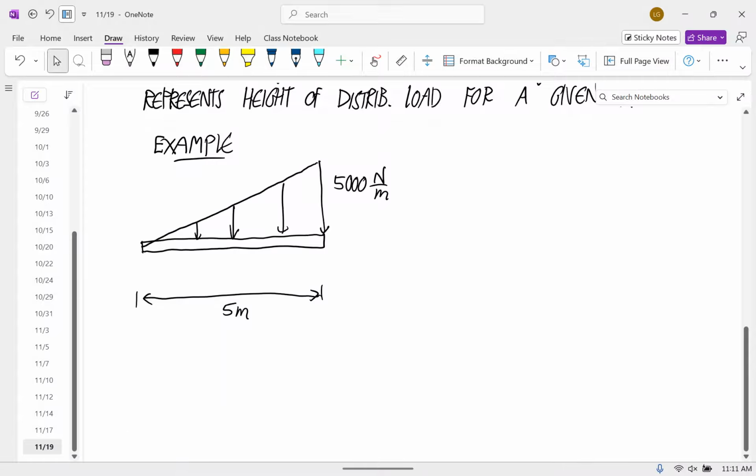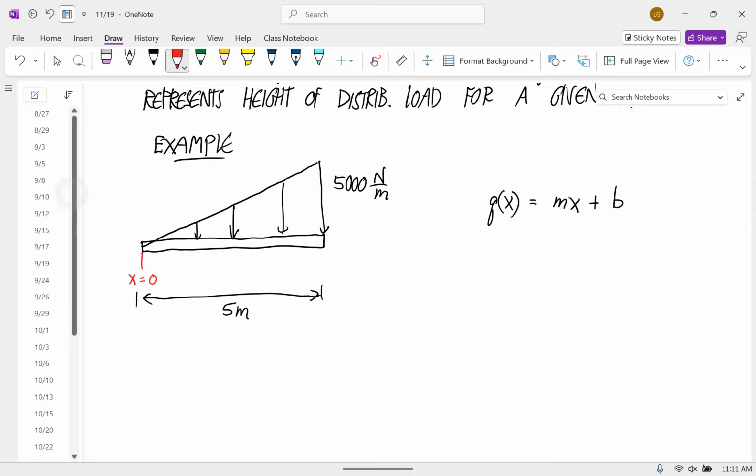Okay, so q of x, you can see that in this case it's a line. So this is equal to mx plus b. When x is equal to 0, that's the left end. Okay, so this is x equals 0. This is x equals 5. So what's the y-intercept of this?